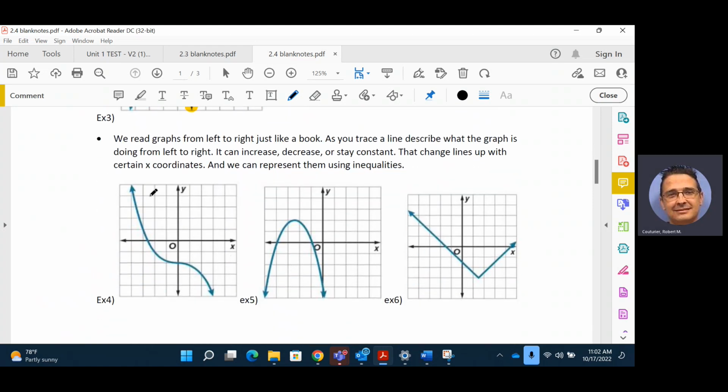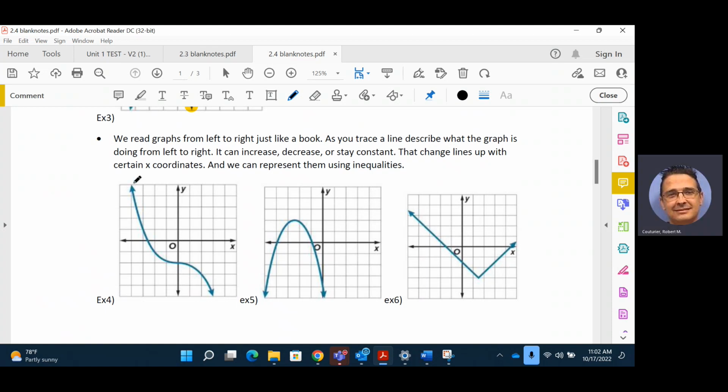Okay, look at this one. So we're going to do it left to right, right? Put our cursor or our pencil, our finger, on the left-hand side, and we're going to trace. Say, okay, what are we doing? Going up? Are we going down? I think we're going down. I'm decreasing, decreasing, decreasing. It's less of a decrease, but look, I'm still decreasing, still decreasing, forever.